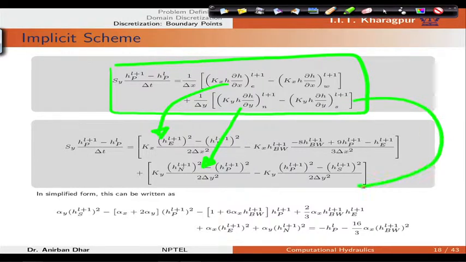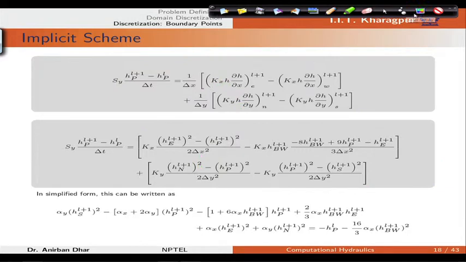For the southern face also we can use that one, but for the western face we have something different. This is applicable for the derivative, then we need to multiply HBW, which is the height at the face. Height at the face is equal to the specified value for this case.